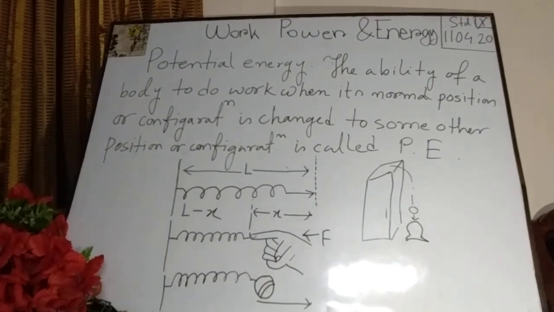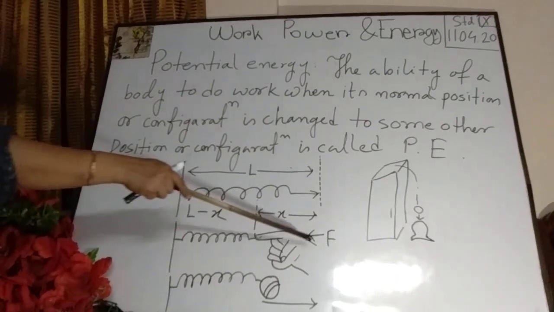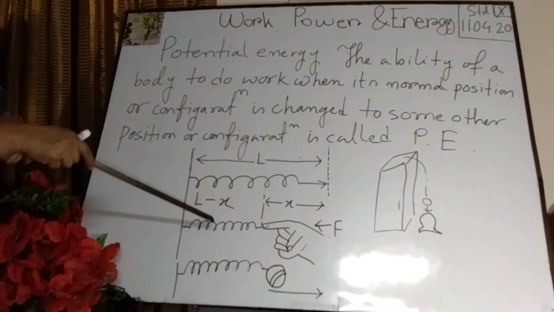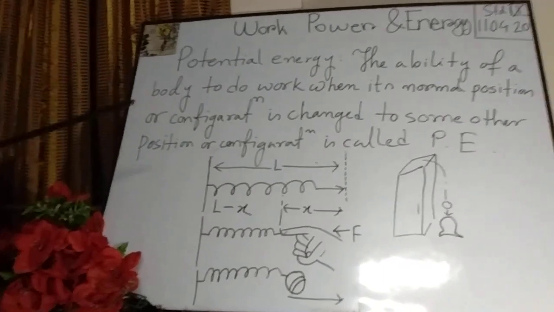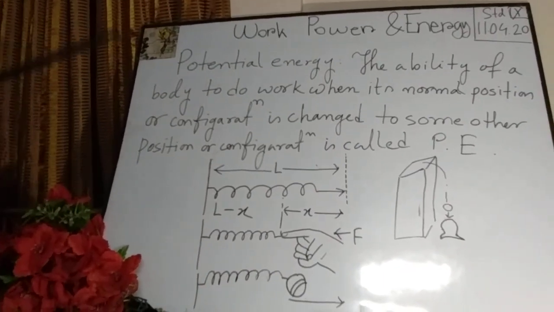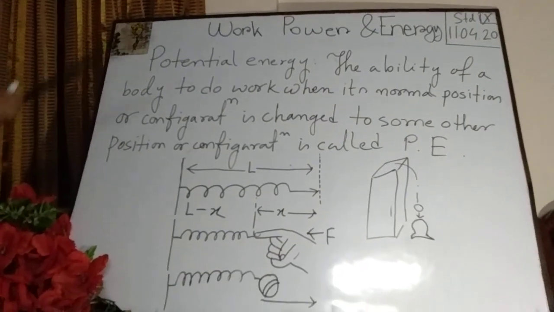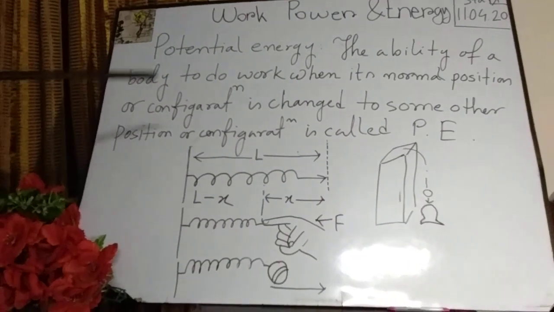But you can clearly tell me, here F force is applied and displacement is also occurring, so there must be work done, and the work done is what? Positive work done, because you know when force is applied on an object and the displacement occurs along the direction of force, then positive work is done.